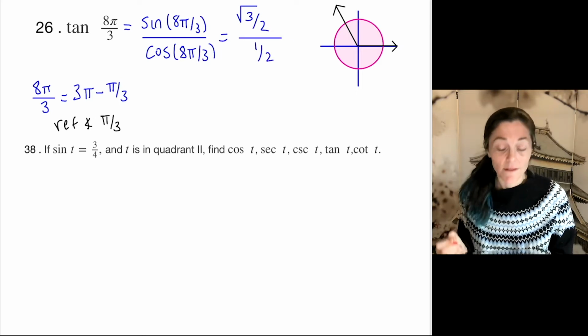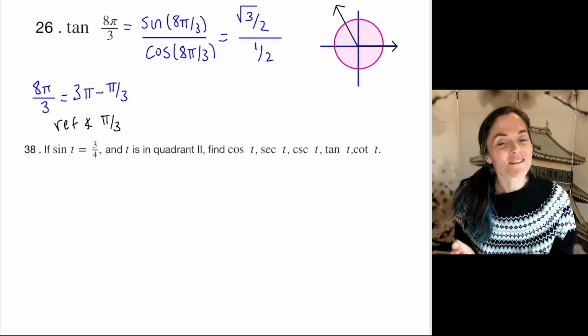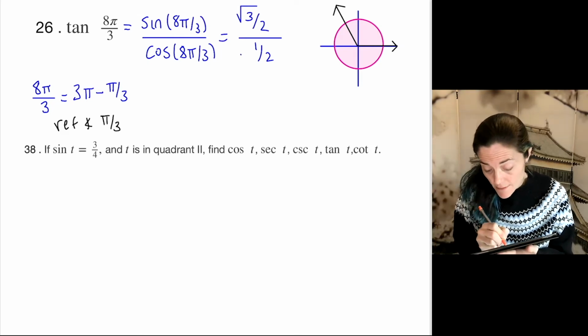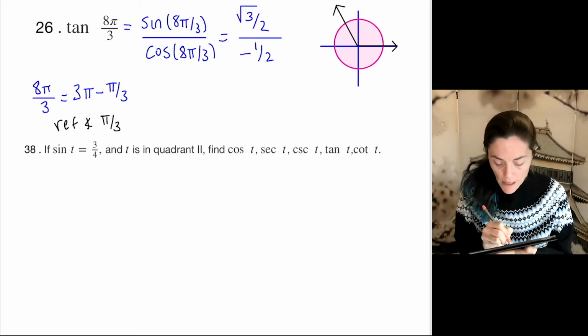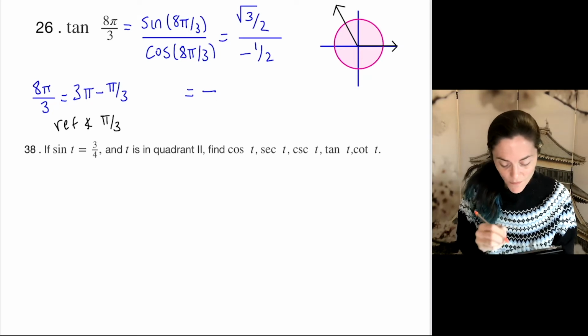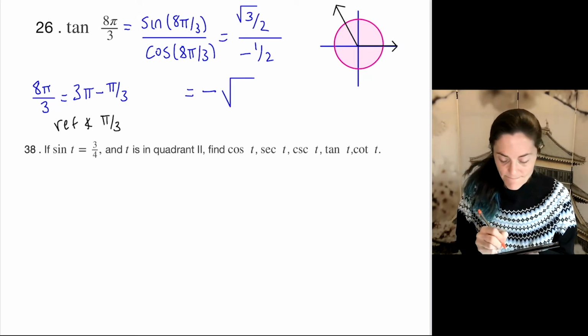But we have to think about quadrant. In quadrant 2, you can see sine is positive, cosine is negative. So I need a negative sign here. And when I invert and multiply, I just get negative the square root of 3. This would be my final answer here.